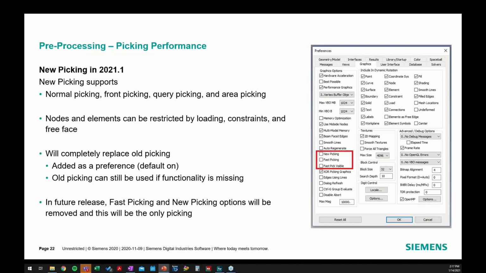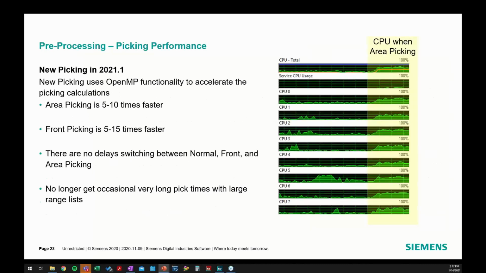And in future versions, the old scheme will just completely go away, but for now, it's still available. And you can see it's supposed to be 5 to 10 times faster in different things, as well as using a lot of different CPUs. So the big key takeaway here is that they're continuing to work on decreasing the amount of time it takes to box select and pick different entities in the model, which I know can be very, very frustrating when you accidentally do that and you have to wait like 5 or 10 minutes for Femap to figure out what it's doing.